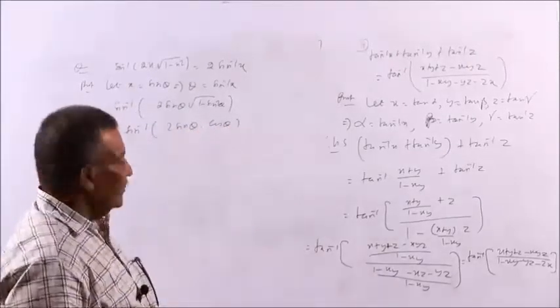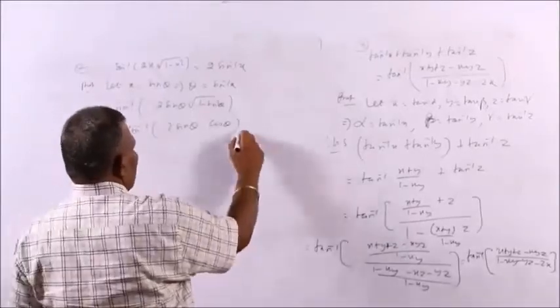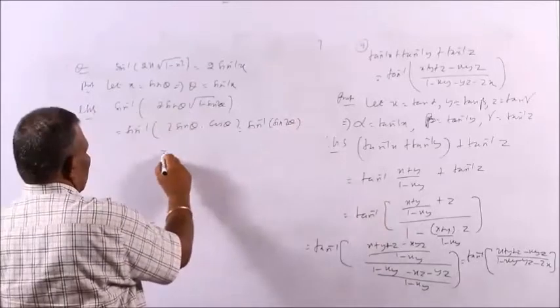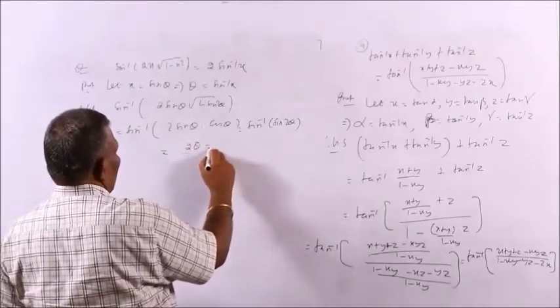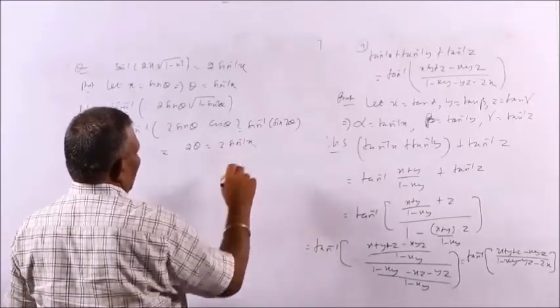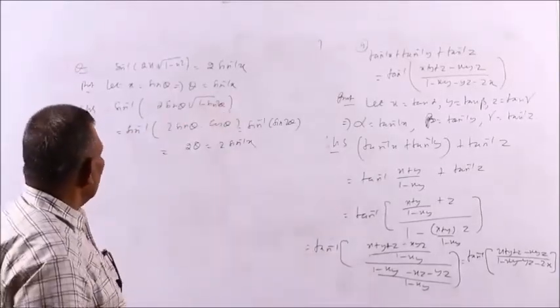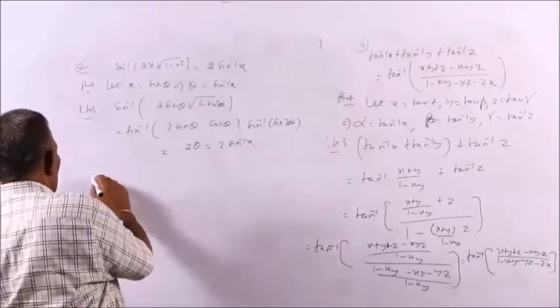We know the formula, 2 sin theta cos theta is sin 2 theta, so sin inverse sin 2 theta will give us 2 theta, that is 2 sin inverse x. Therefore 2 sin inverse x equals sin inverse of 2x into root of 1 minus x square.